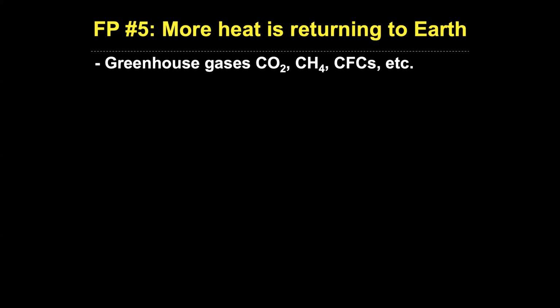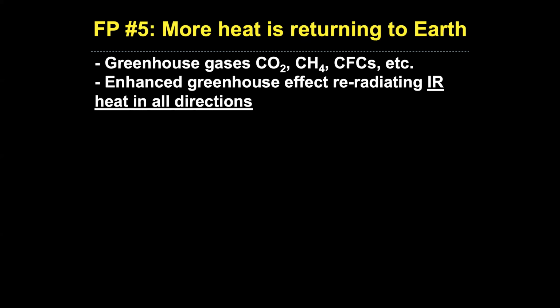More heat is returning to the Earth. Remember, we're putting more CO2 and CH4 into the atmosphere, therefore we're making that re-radiative capability of the atmosphere more efficient. So with gases such as these 3, in addition to others, we have enhanced that greenhouse effect.